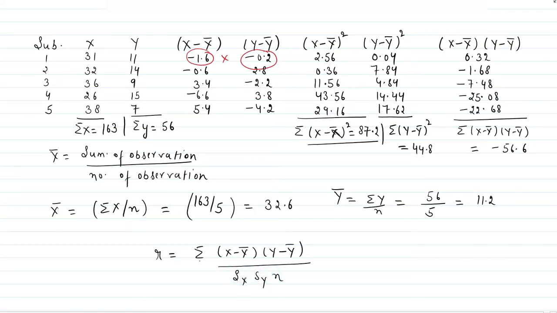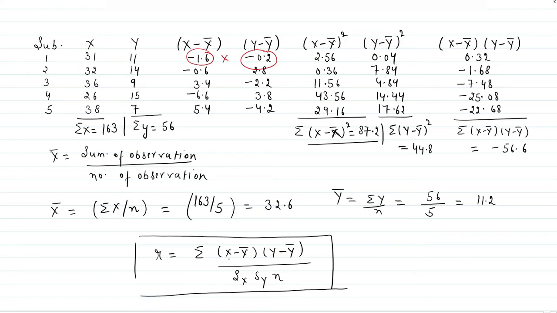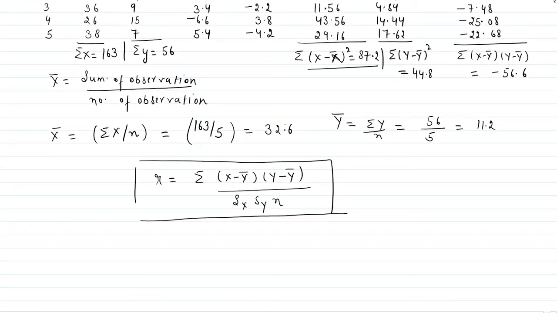Just wait for a second, I am going to tell you why we have taken these things. Because sx is the standard deviation of x. So we know the summation of the product of x minus x bar and y minus y bar is minus 56.6. You can also write it as the covariance of xy.